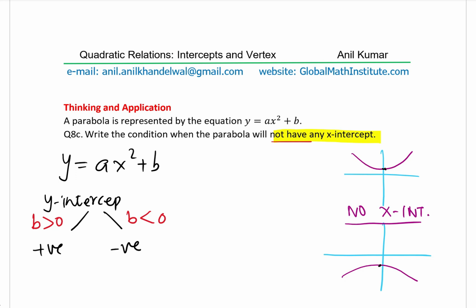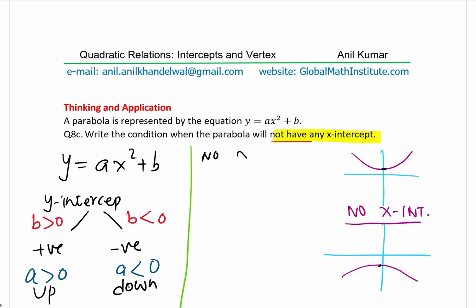In that case, we should have a is positive, right? Greater than 0. And in this case, a is less than 0. A greater than 0 means that it is moving up and this is down. So that becomes the condition, or you can say that for no x-intercept, a and b have the same sign.